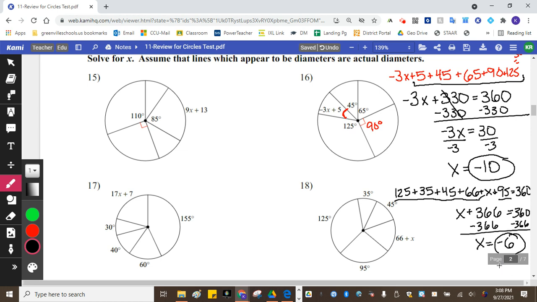Before I come around and make sure we're doing the odds right, I did want to talk about 15, because 15 doesn't look like these two or these three. How would you set up an equation to solve for x on 15? We know that's 90, but we don't know anything about these two angles.